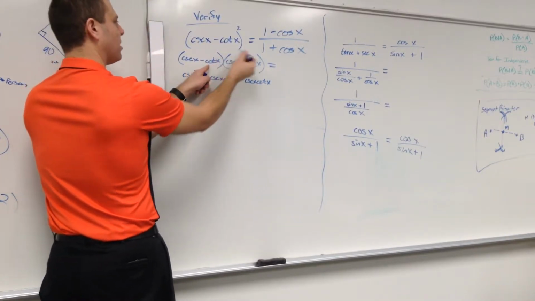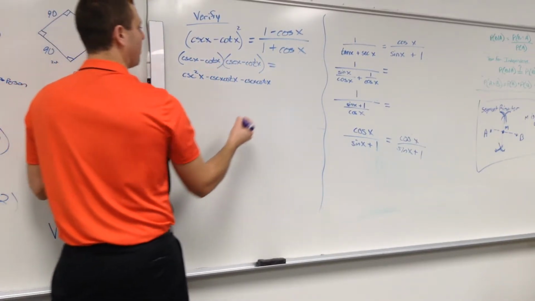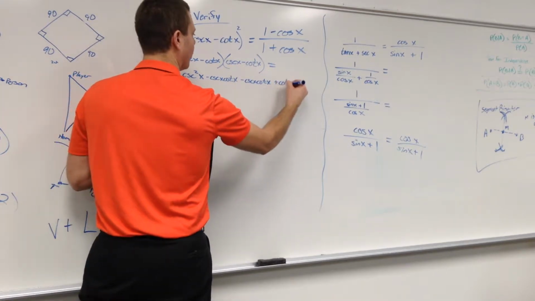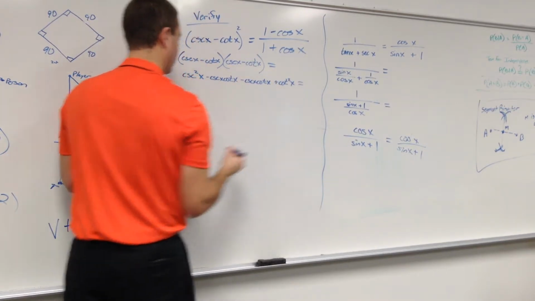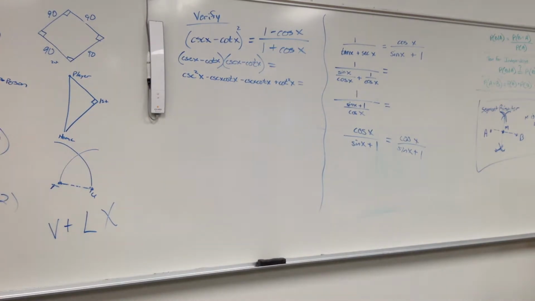And then negative cotangent times negative cotangent would be a positive cotangent squared. Any questions on the FOIL? On the distributing there? Everybody see it all right?